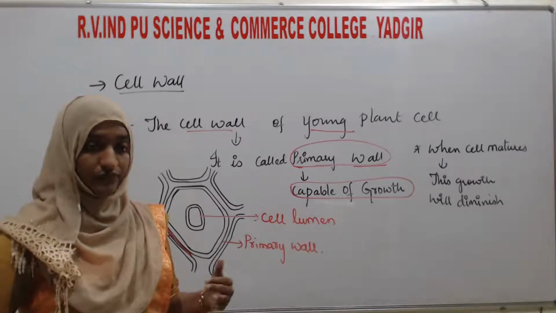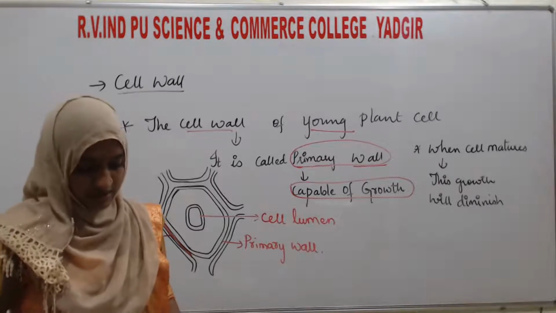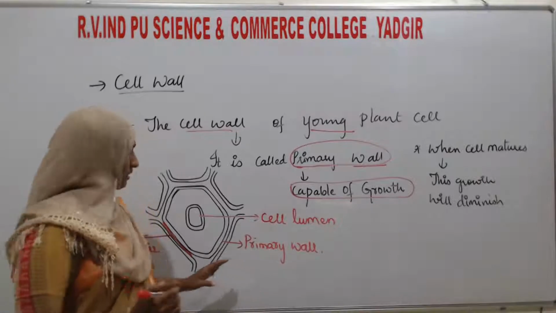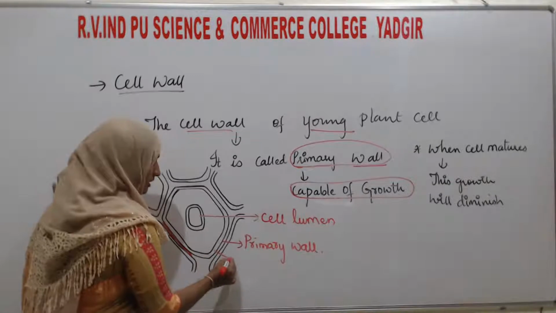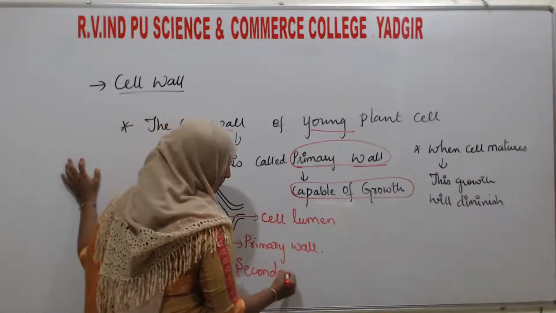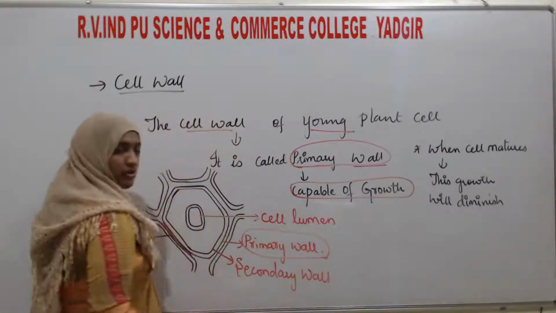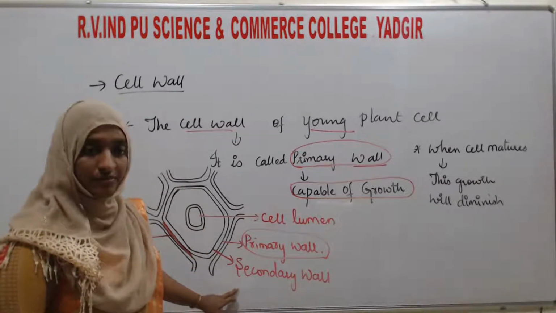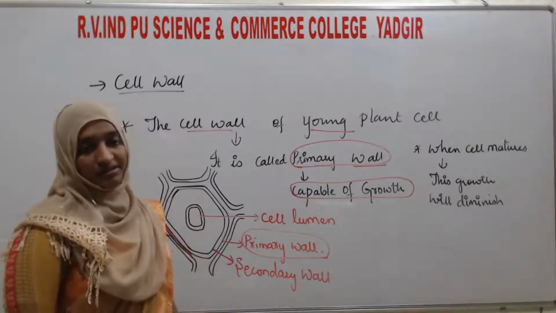This capability of growth diminishes, and a secondary wall is formed on the inner side of the cell wall. When this primary wall loses its capability to grow, it forms a secondary wall towards the inner side of the cell.